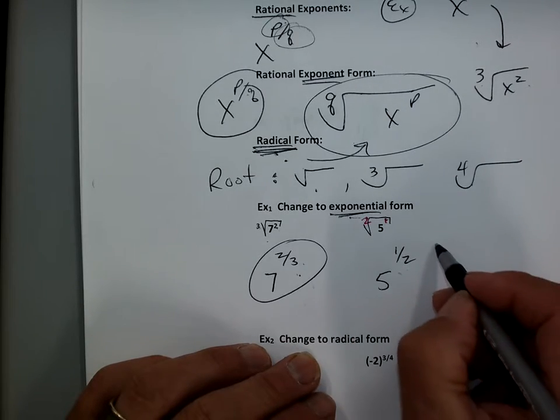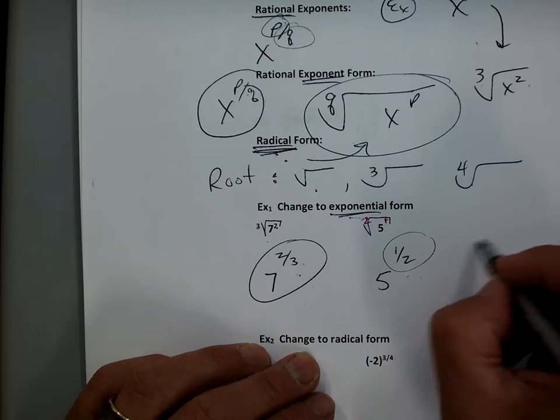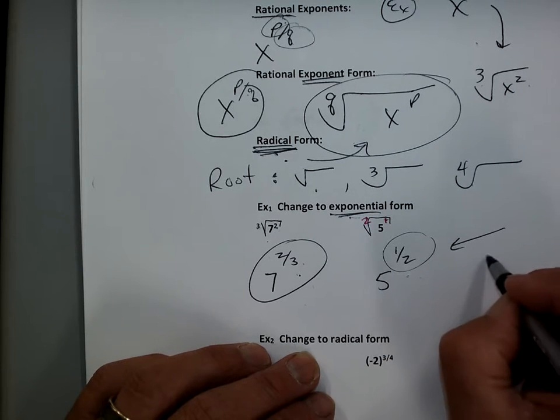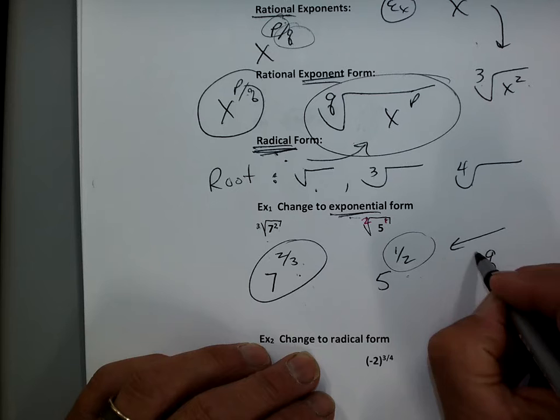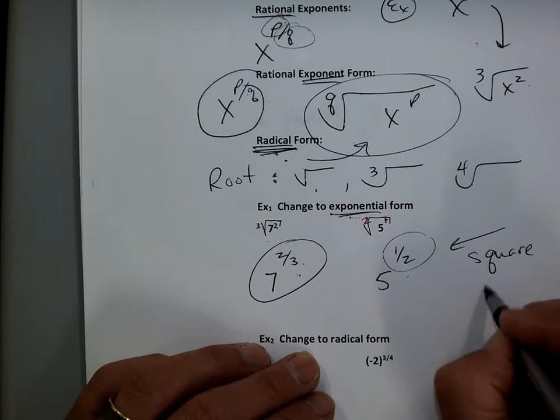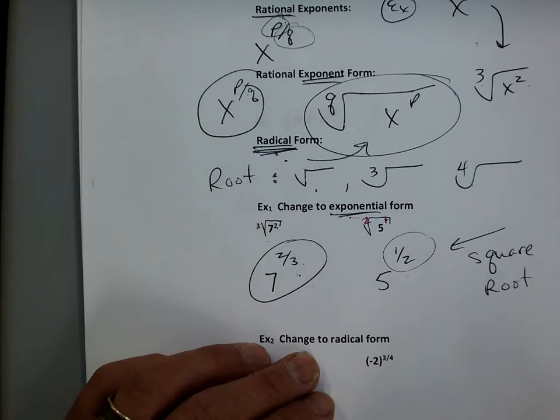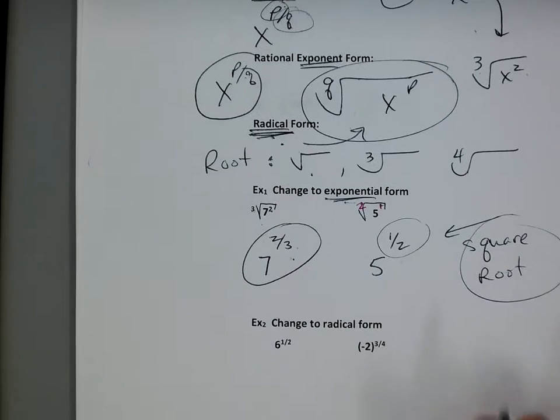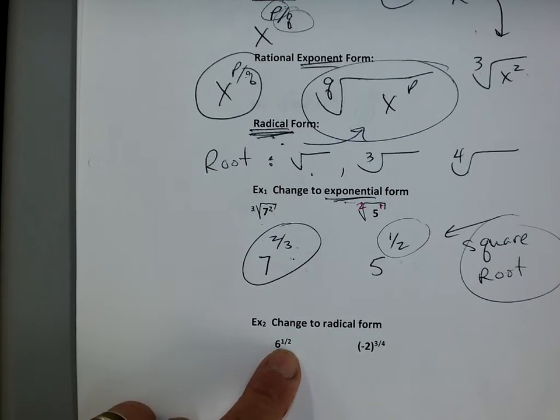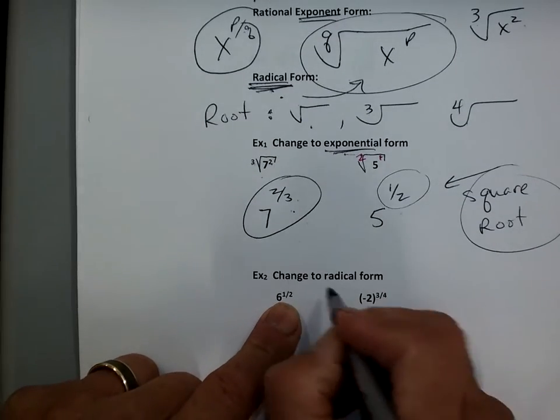So anytime you see the 1/2 power, I want you to think square root. You see anything with 1/2 power, I want you to remember that is a square root, okay? It's all brand new for you, okay, but we can do this. Okay, example 2. Oh, there it is, 1/2 power, square root. So now we're going to change it to radical form, right?